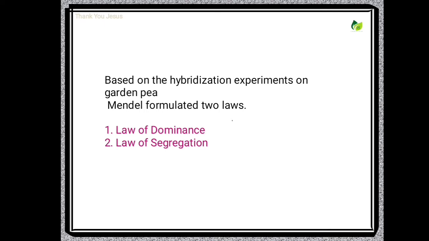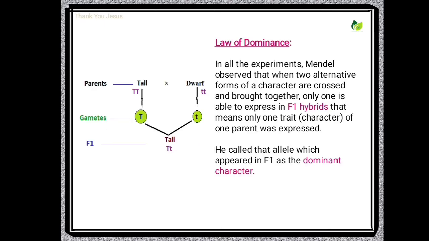Let's see the two laws in this video. First law is law of dominance. In all the experiments, Mendel observed that when two alternative forms of a character are crossed and brought together, only one is able to express in the F1 hybrids.